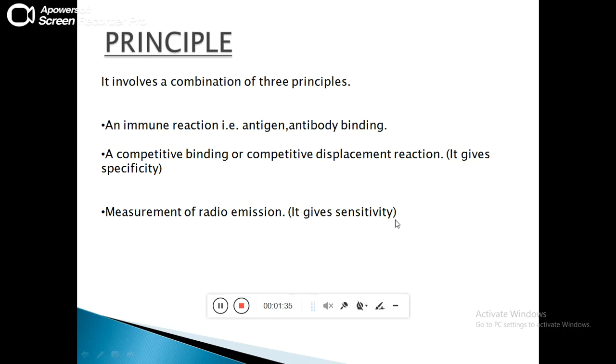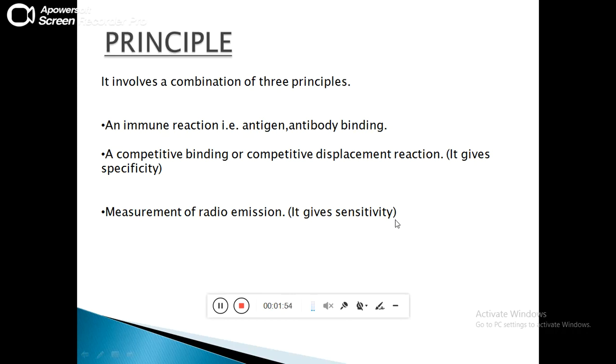The binding tendency of an antigen to an antibody depends upon the concentration. That means the higher the concentration of a type of antigen, either the radio-labeled antigen or the unlabeled antigen, the more chances it has to bind to the antibody.